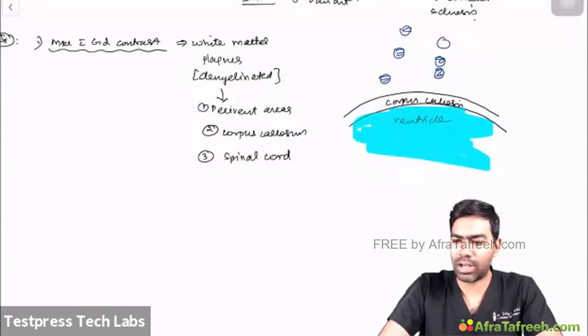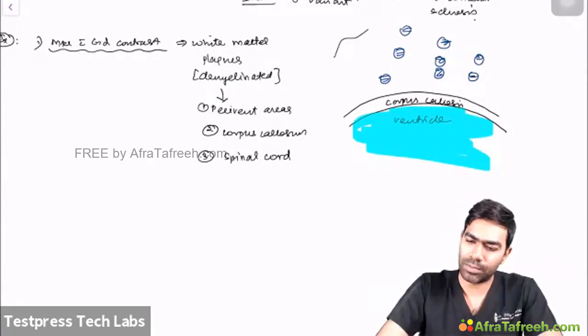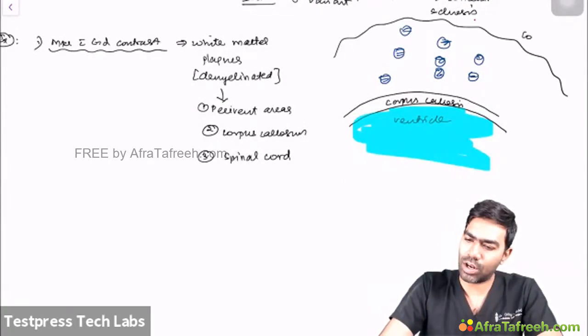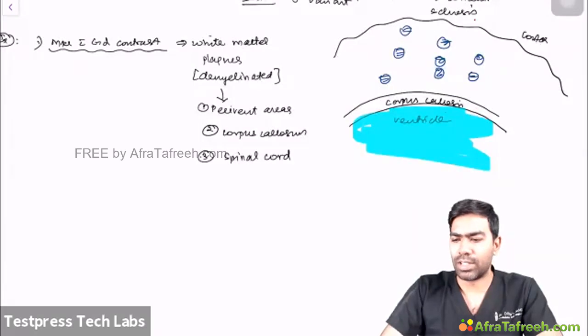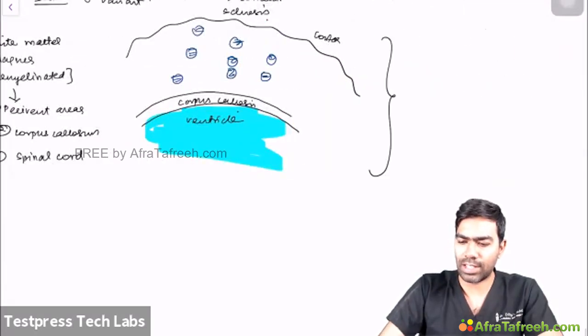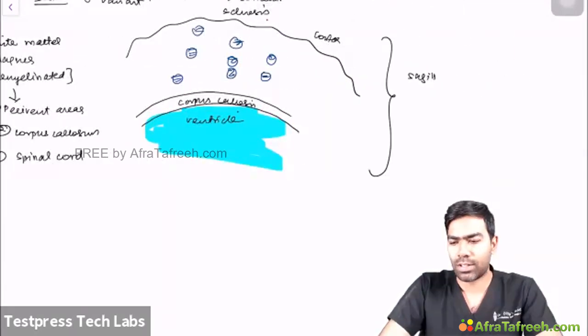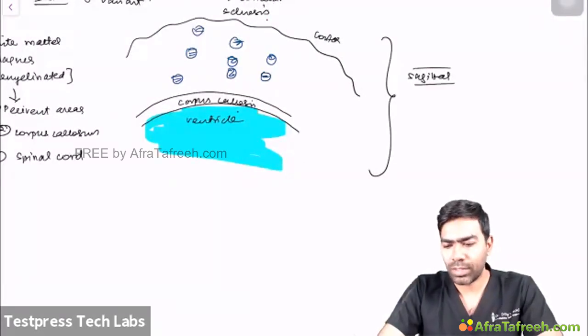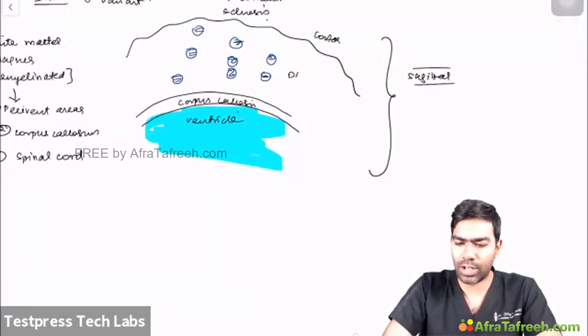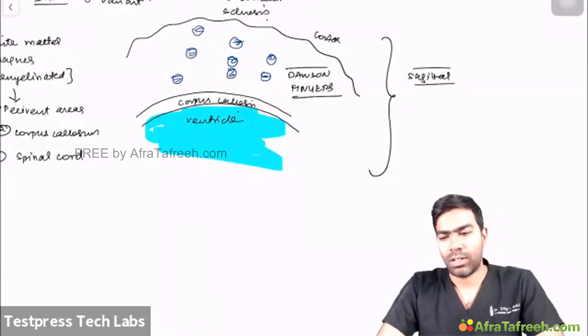There will be thick plaque distributions like this. And the cortex will be here. This is what you see in the sagittal section I'm drawing. If you see something like this, this is what we call Dawson fingers. Everyone would have shown you.